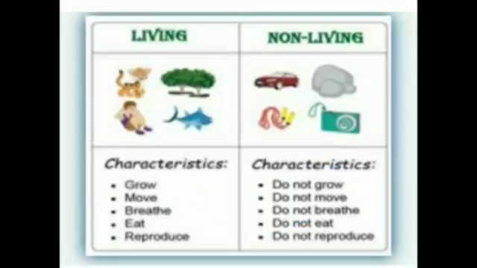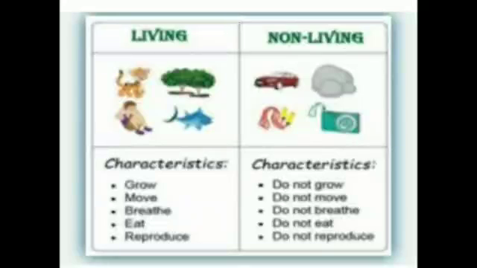So here, living and non-living things. To differentiate between living things and non-living things, you can write the difference. If you know the characteristics, you can easily differentiate between living and non-living things. First, living things grow and non-living things do not grow.